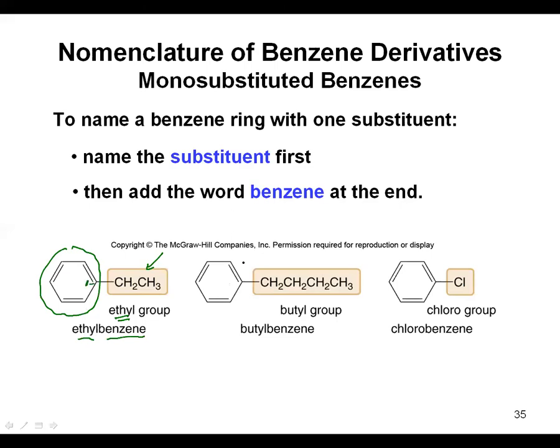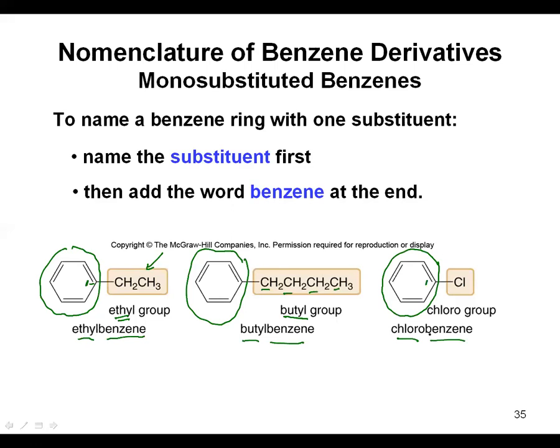Same thing here. The major part is our benzene ring. This is a 1, 2, 3, 4 carbon group, which is based off of butane, and that's a butyl group, and that would be called butyl benzene. Here again is a benzene ring that has only 1 chlorine attached, again assumed to be carbon number 1 over there where that carbon is, and we would call it chlorobenzene.